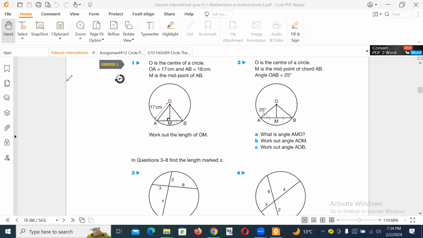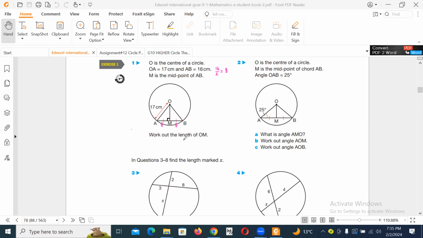AB is 16. If AB is 16, it means M is the midpoint of AB. Half of 16 is 16 divided by 2, which gives us 8. So A to M is 8, and this one is also 8.